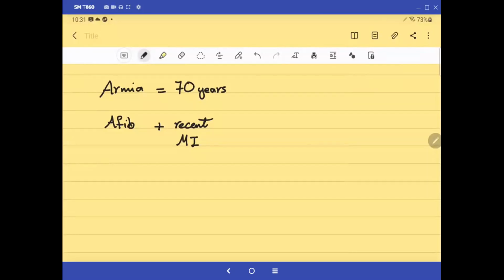Okay. So Armia is 65 or more. What I need to add in addition to the antiplatelet, because now he is older and he has a higher risk of developing blood clots.